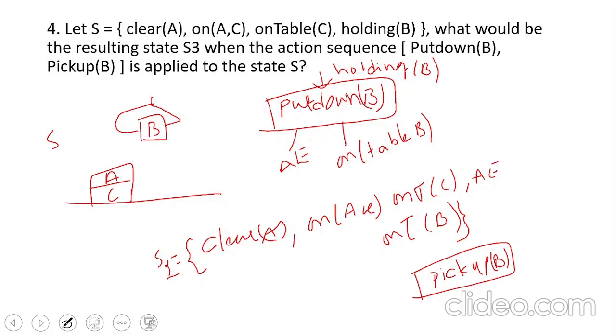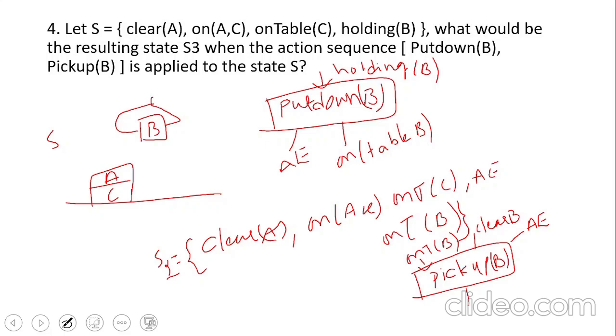On table B, next clear B, next arm empty. These are the preconditions required for performing pick up B.